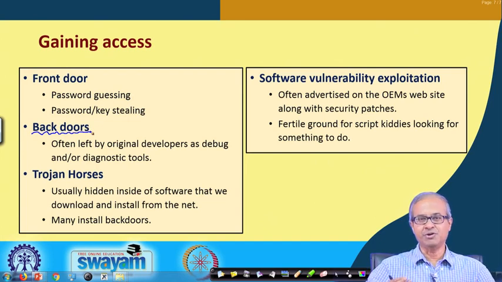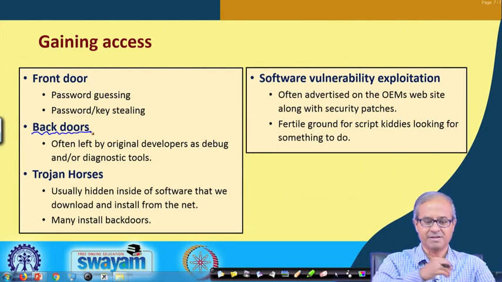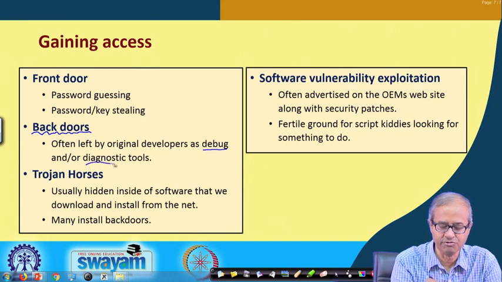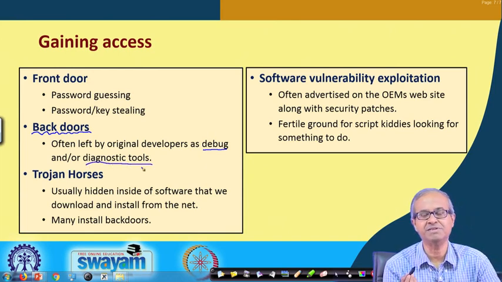Such backdoors are known to exist in many systems, not only hardware systems, also many software packages. Usually developers keep it as debugging or diagnostic tools, but sometimes these are also used for malicious purposes.